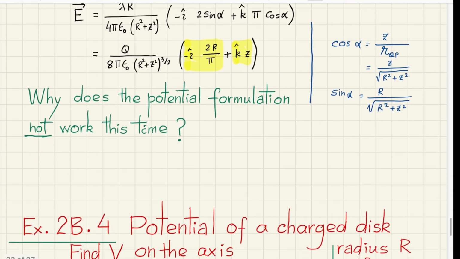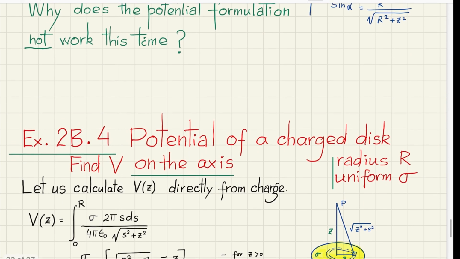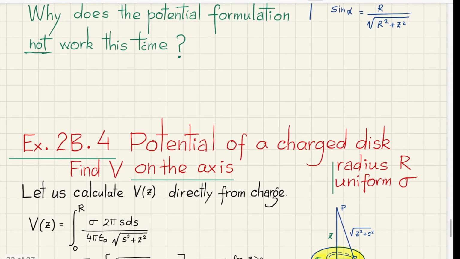Okay, so let's take another example. Potential of a charged disk, we have already done this, but the potential formulation is as easy. This is a charged disk of sigma, and I want the potential on the axis at a point P. This is very symmetric, so I can take at any r all the charges at that 2 pi r dr subtending the same potential.